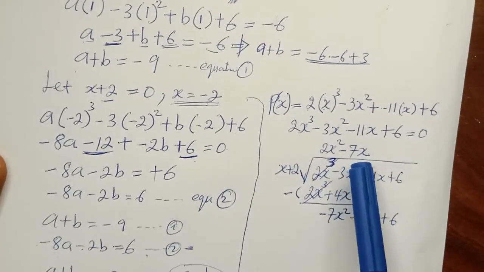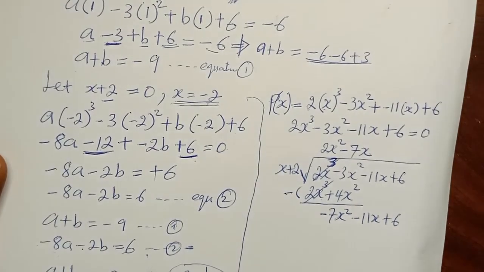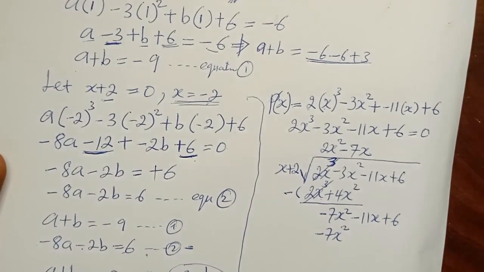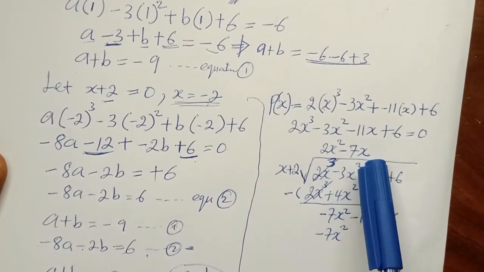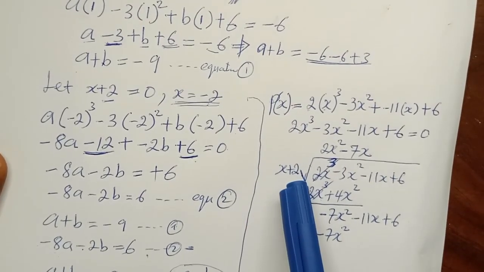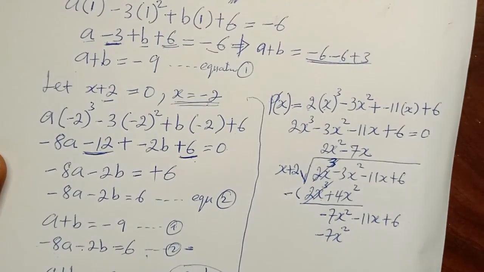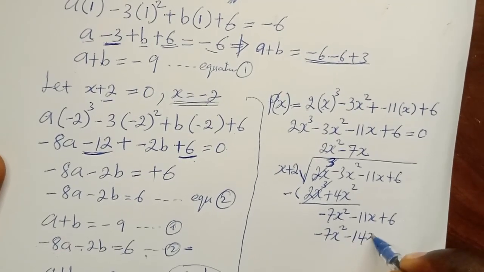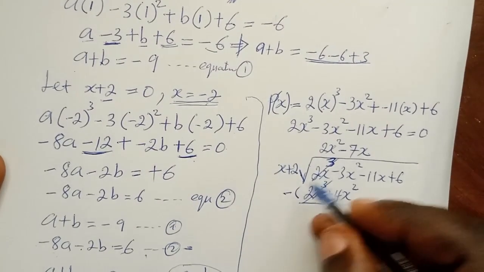So minus 7x times x gives minus 7x squared, and minus 7x times 2 gives minus 14x. As you can see, it is already finished.